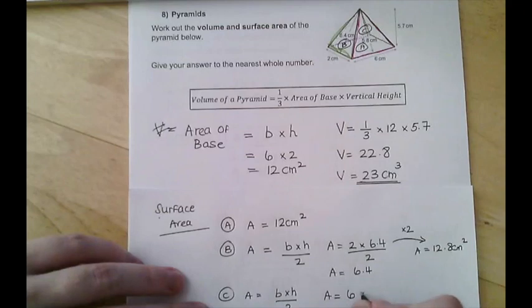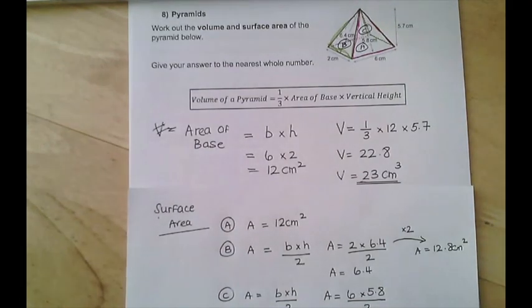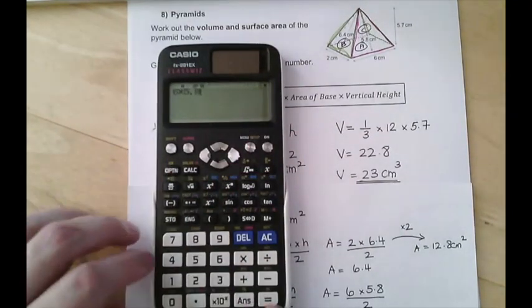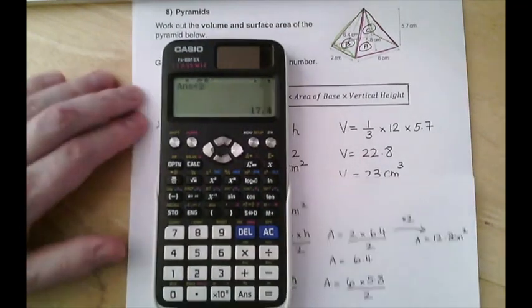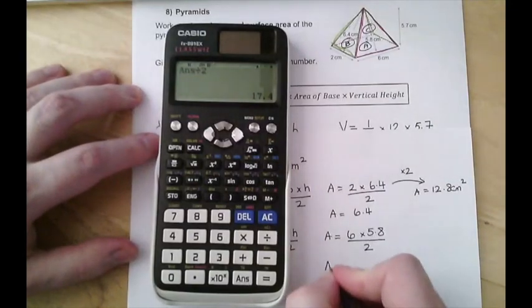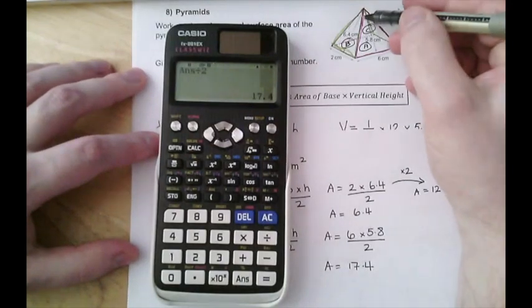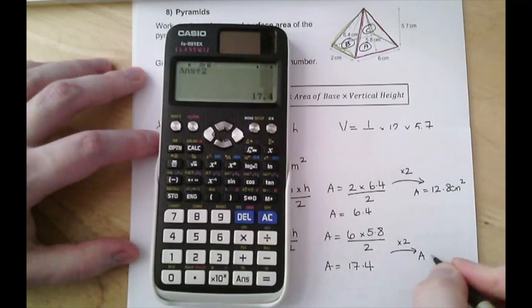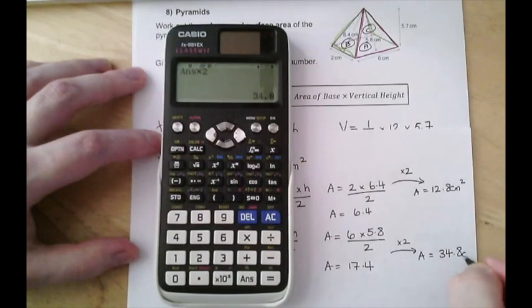The base is 6, the height is 5.8, then I need to divide it by 2. 6 times 5.8 divided by 2 gives us an area of 17.4. Now again, the front and the back are the same, so I need to times it by 2. So the area of those two faces is 34.8 centimetres squared.